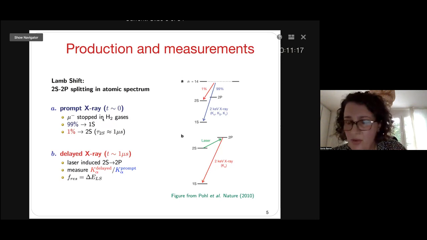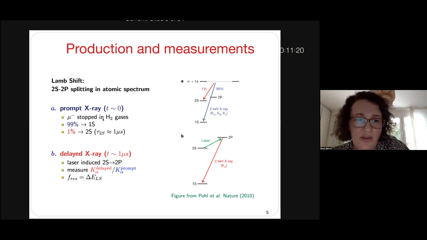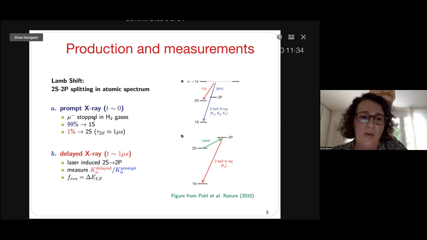If you want to study muonic hydrogen, you would shoot this beam on H2 gas, and then some of these muons are captured, but in very high excited states. Most of them fall down to the 1s state, but just some decay down to the 2s state. Those are the ones that you're interested in.